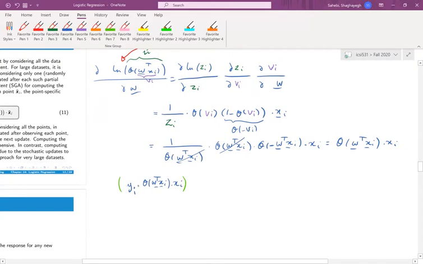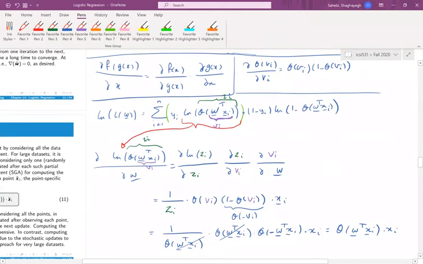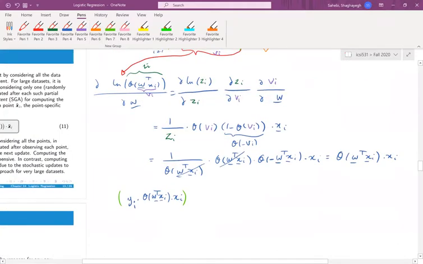Now, if you calculate the derivative of this orange one, you can do it similar to what we have done here. Similar to this, just you can practice at home and add it.